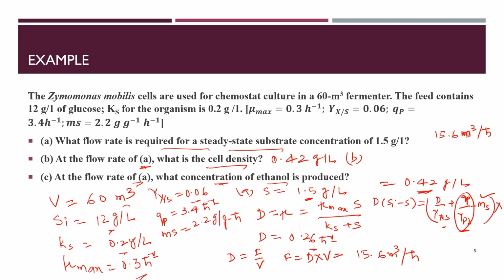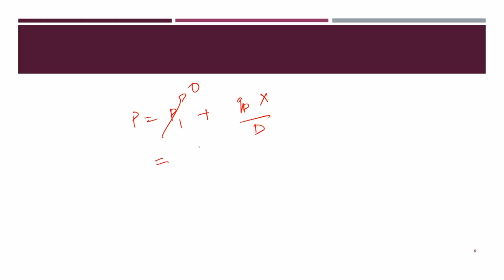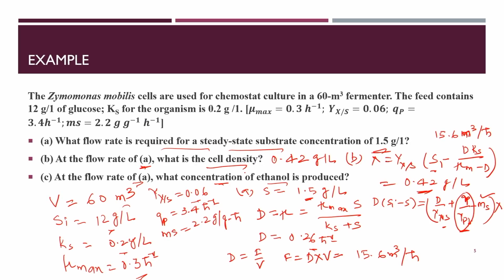So, we need to find P. If you remember, P equals Pi plus Qp into x upon D. Pi we are assuming 0, so P becomes Qp into x upon D. The value of Qp is 3.4 into x, we got 0.42, divided by D, which is 0.26.